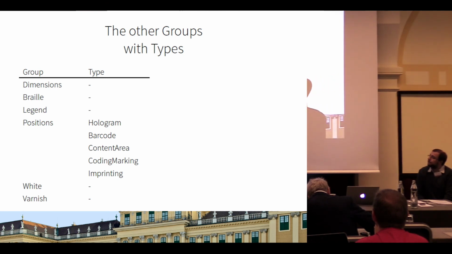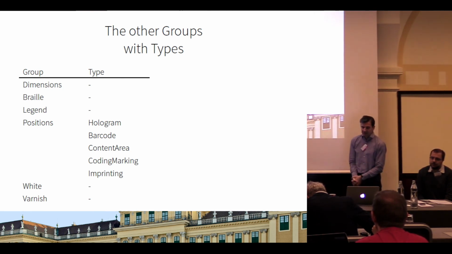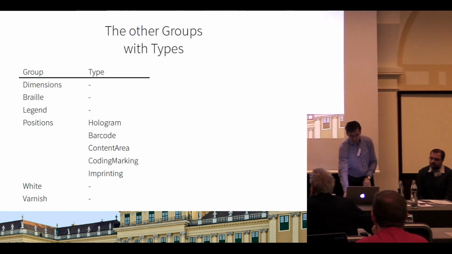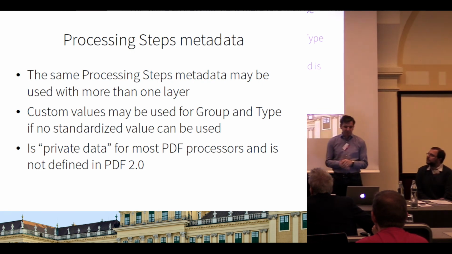Dimensions, braille, legend, white, and varnish don't have any types, and positions has hologram, barcode, content area, coding, marking, and imprinting. So these are all strings that are predefined and may be used in metadata in a processing steps PDF file, with one exception. Well, actually not just one. A few more things, so then I think you've got the complete picture.